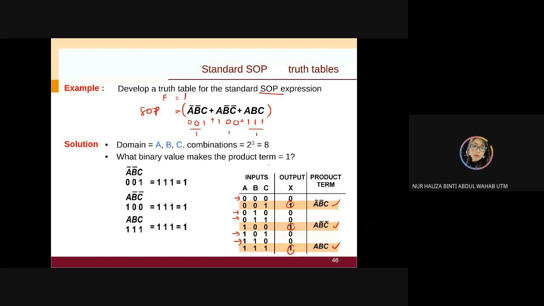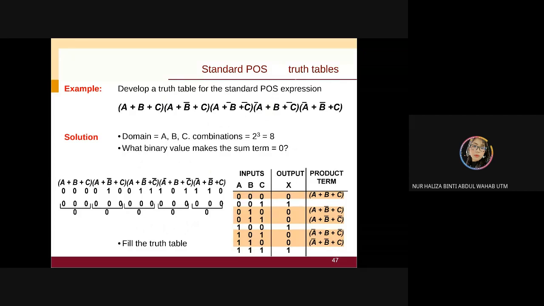What binary value makes them 1 is already mentioned. Fill the truth table. Now from the truth table, you can develop the POS expression. So from here, please remember for POS, A equal to 0, A bar equal to 1.